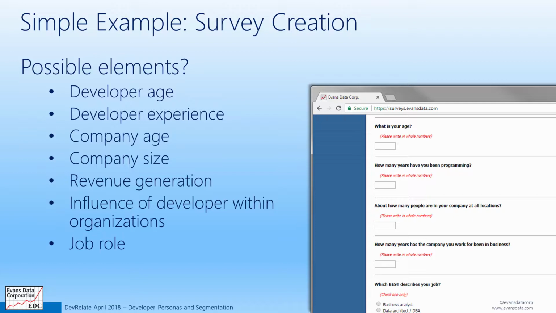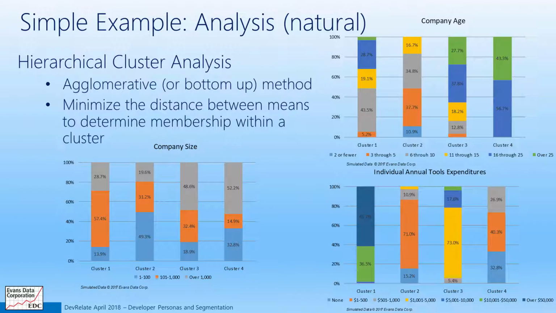And it's not just how old they are and how experienced they are. We would need to know what they do, what they find important with their development tools, and what drives their work. And once we have determined what kinds of questions we're using in a survey, we build a survey and send it out to a sample of developers that might potentially meet your criteria.